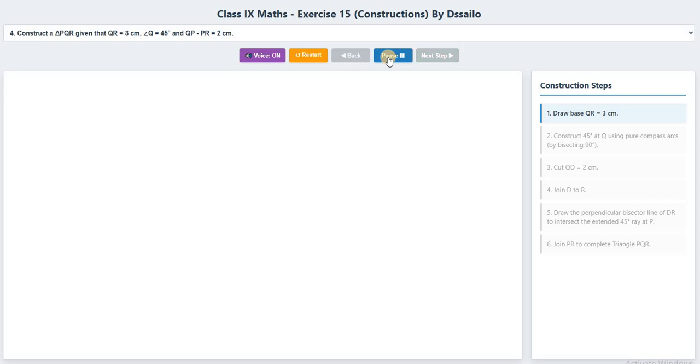1. Draw base QR equals 3 centimeters. 2. Construct 45 degrees at Q using pure compass arcs, by bisecting 90 degrees. 3.